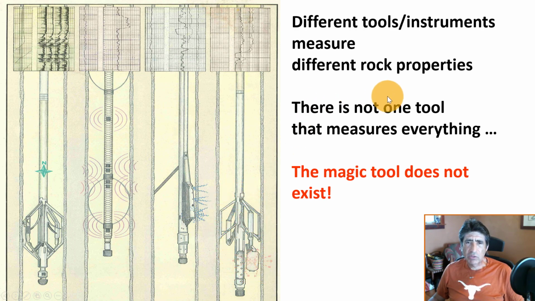So all of these instruments measure different rock properties. Some of them measure electrical conductivity, dielectric conductivity, permittivity. Some of them measure elastic properties. Some of them measure nuclear properties. But by combining all of them, then we have a complete picture of the rock.